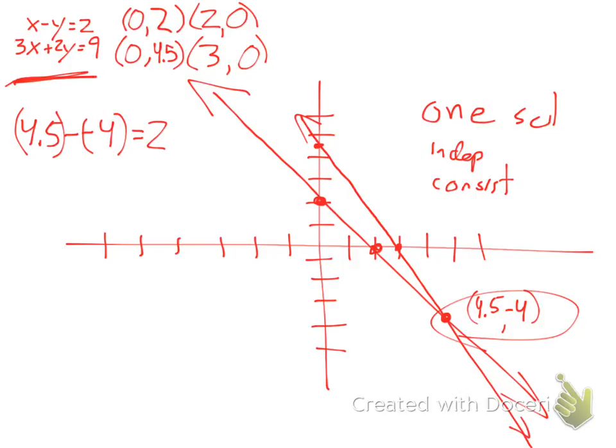To fix that and keep our numbers going, let's just change it to x plus y. That way, if we use my numbers up here, we'll just keep it consistent. Okay? So I would have to add these together. But 4.5 plus a negative 4 is 0.5, and that does not equal 2. So therefore, my point is not the solution.